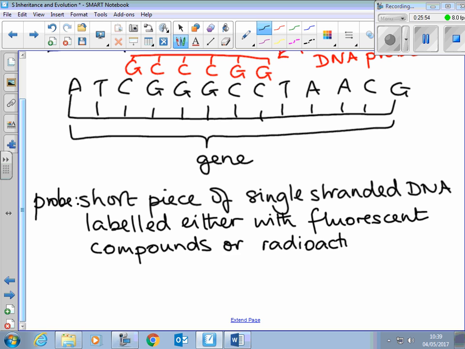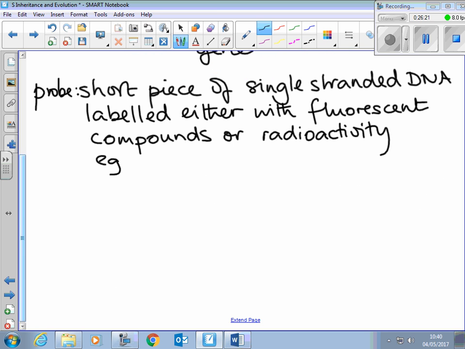Now, if you have a look on the sheet, you'll see what's the most common radioactive isotope that they use. If you look down in the paragraph at the bottom, the probe's most commonly labelled with either radioactive atoms, the most common being phosphorus 32, we would say. Phosphorus 32.